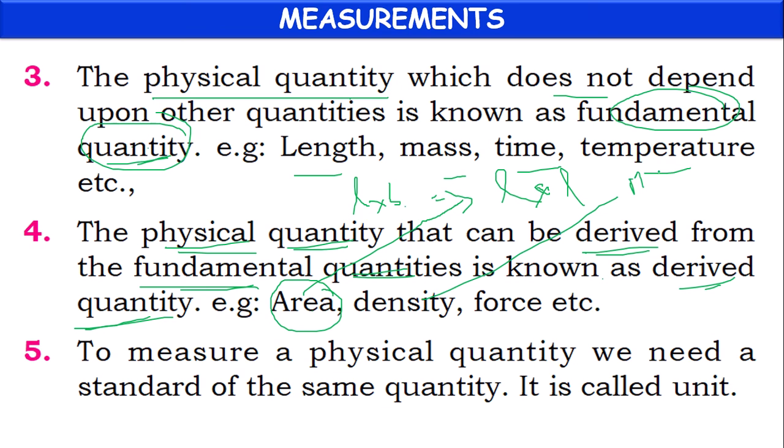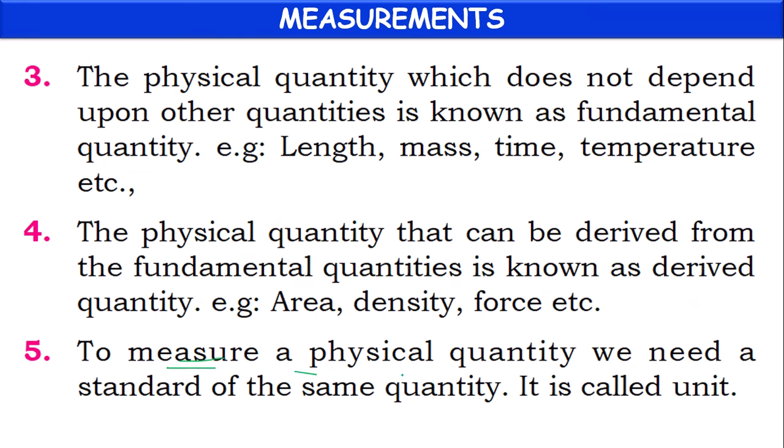Density formula is mass by volume, and volume formula is LBH. So density depends on mass and length. Like this, other quantities like area, density, force all depend on fundamental quantities, so they are called derived quantities.